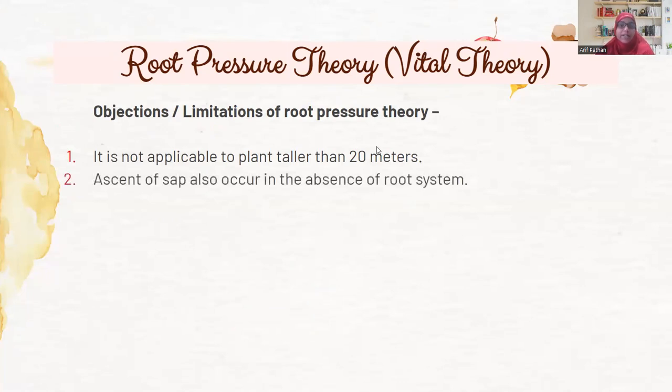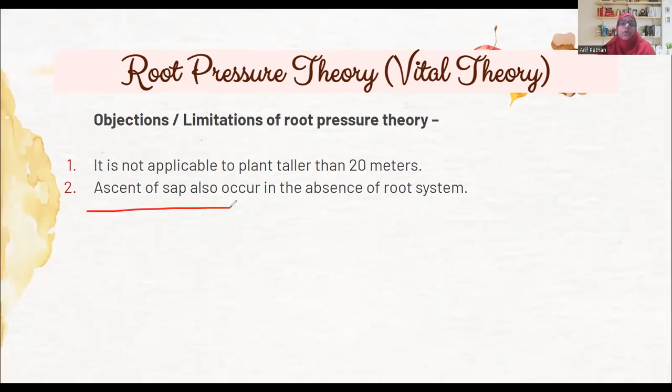Sometimes, in the absence of the root system, you will see ascent of sap happening in parts of the fruit, petiole, branches and leaves. For example, if you take a simple leaf and cut the thick part of it, you will see some oozing coming out. There is no root system, but you still see ascent of sap occurring. So this theory could not explain that.